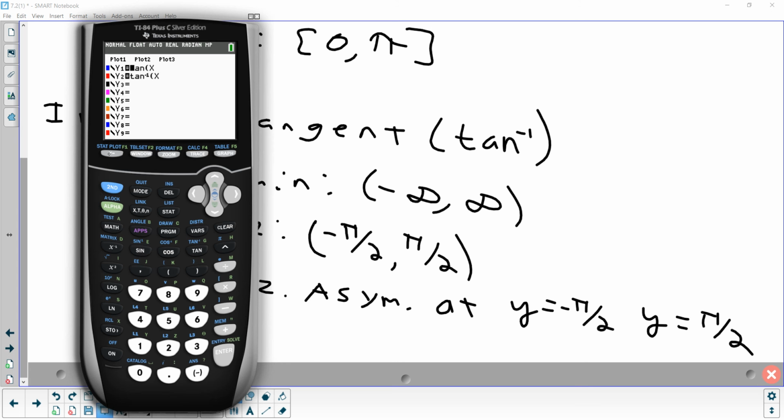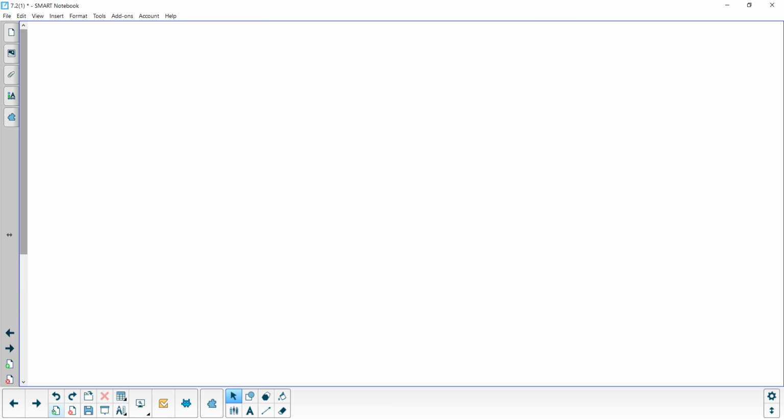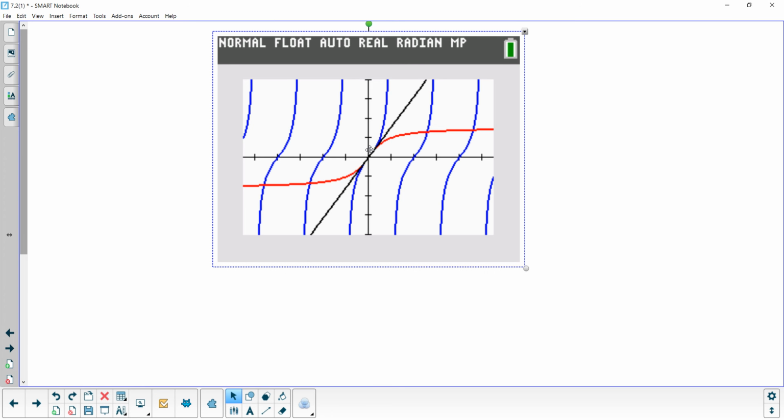And hopefully you could kind of tell, if you put the line y equals x in, and I know there's more here than you need, but if you flipped it over that black line, this graph in blue should land exactly on top of that graph in here. The other blue ones, pretend that those aren't there.